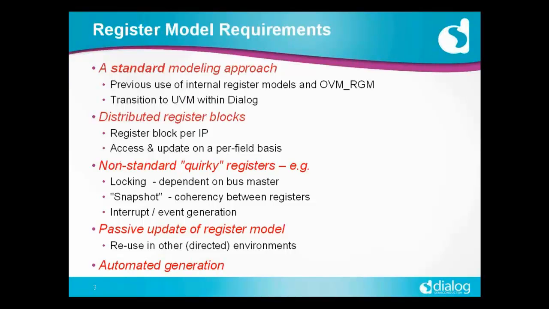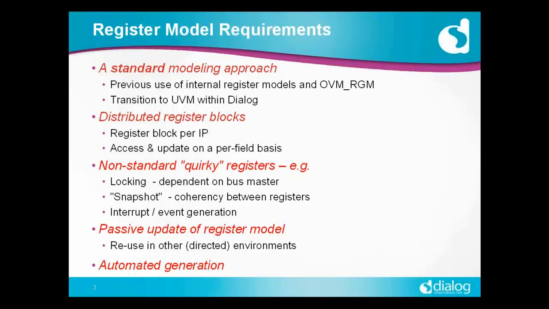What are our requirements in terms of register modeling? Previous to the use of UVM within Dialog, in my own experience, I've used quite a lot of different register models. When we had OVM, we were using OVM RGM, and DIY homebrew register modeling environments that people had written in various groups within the organization.